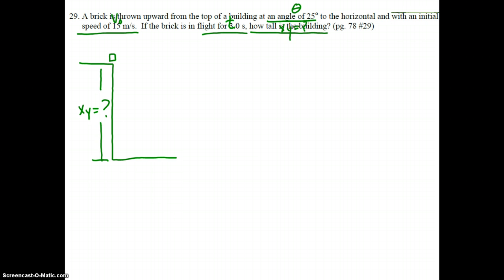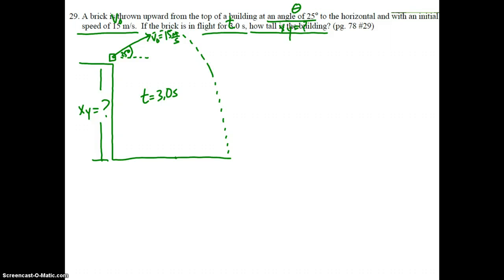Here's the brick, which is projected at an angle of 25 degrees with the horizontal and with an initial speed of 15 meters per second. This brick is going to continue as a projectile and is in the air for a time of 3 seconds. All right.